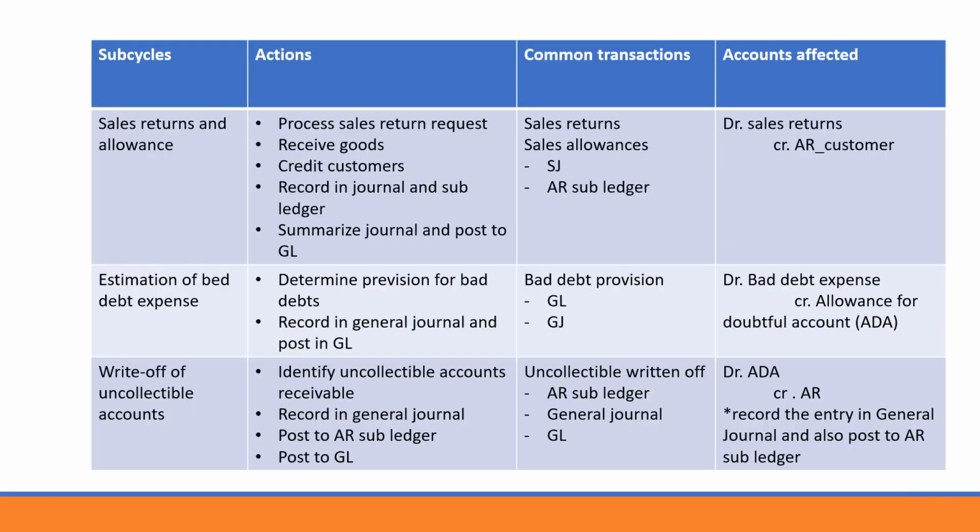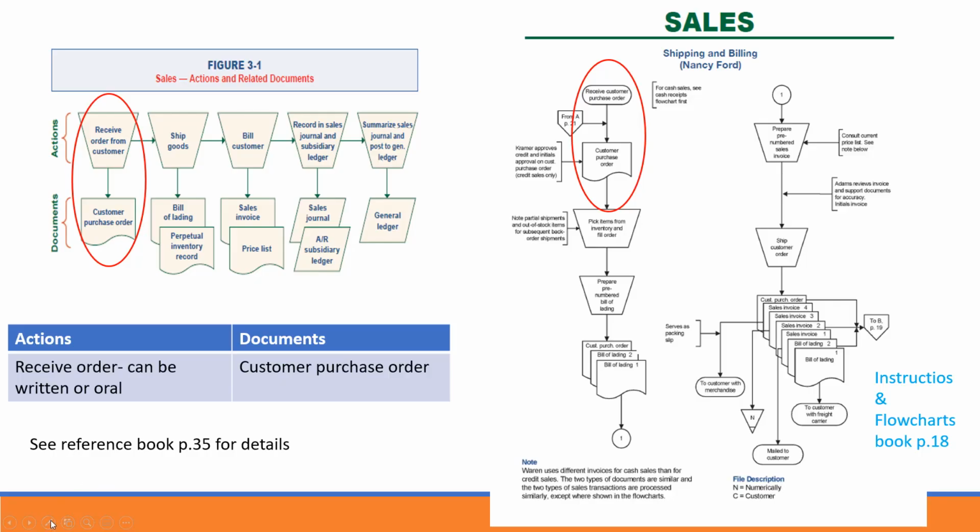So the next sub-cycle is sales returns and allowances. In this sub-cycle, basically the company receives a sales return request from the customer and then starts to process it.